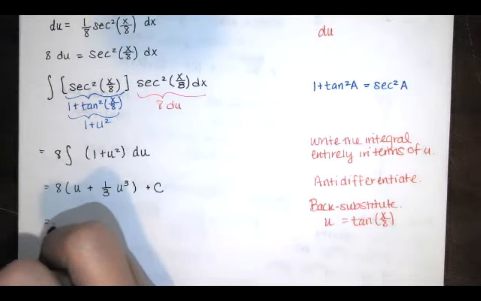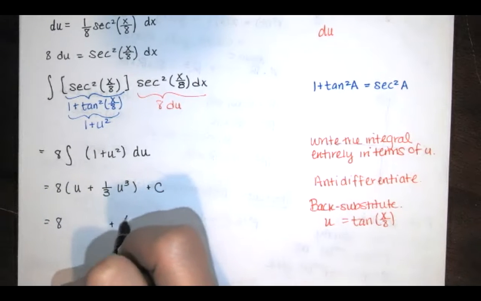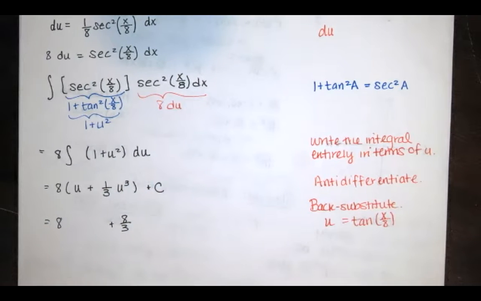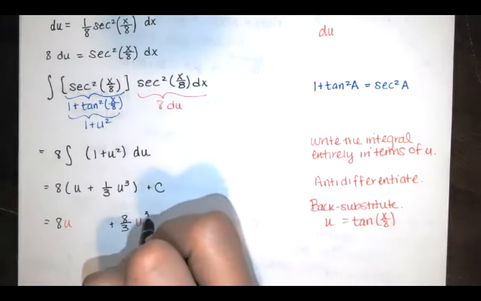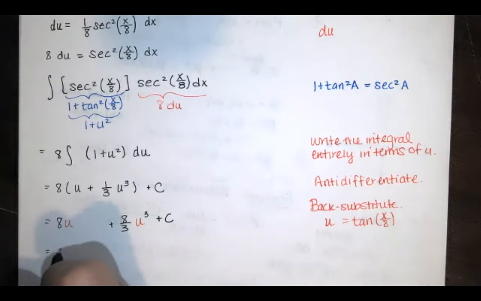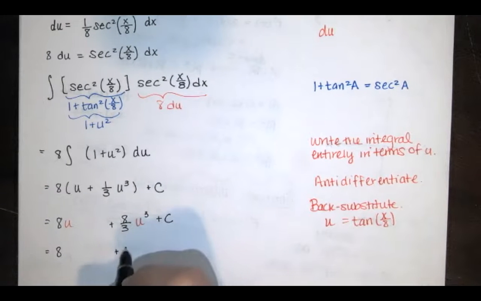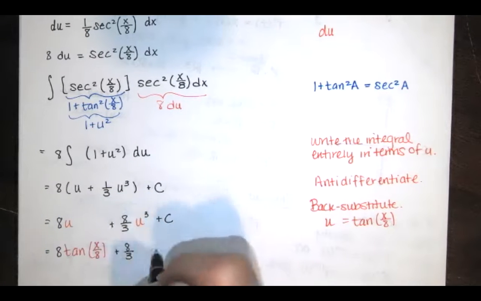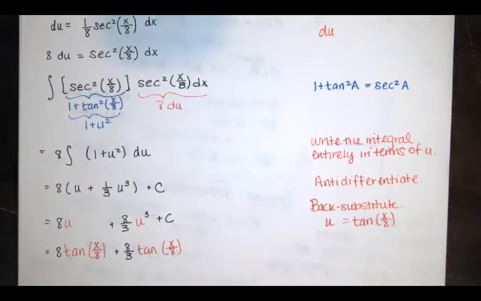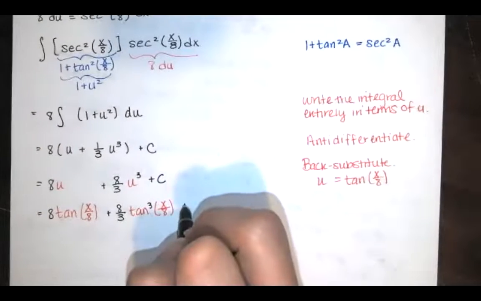If you want, you can distribute the 8, and I do want that. And then I just replace my u with tangent of x over 8. And then we have the convention that when we are taking a trig function and raising it to a power, we usually write the exponent on the name of the trig function.